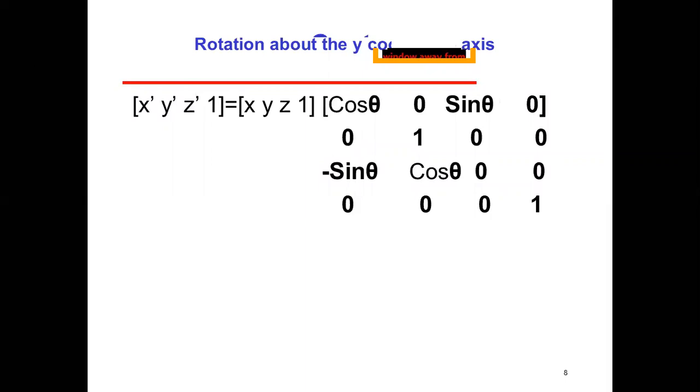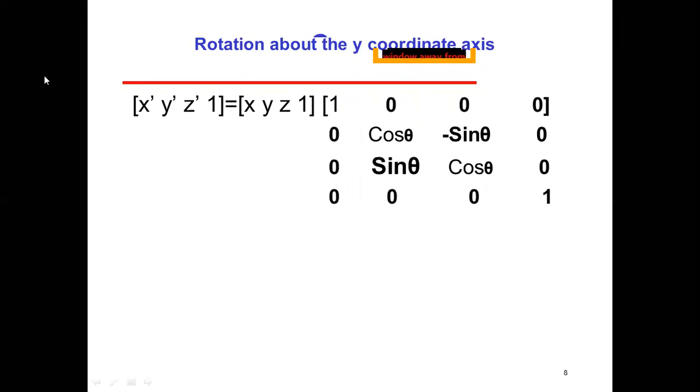Now if we are going to rotate about the y axis, we will use this matrix formulation: x dash y dash z dash 1 is equal to x y z 1 times cos theta, 0, minus sin theta, 0; 0 1 0 0; sin theta, 0, cos theta, 0.